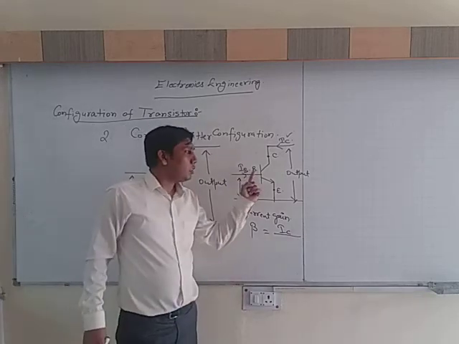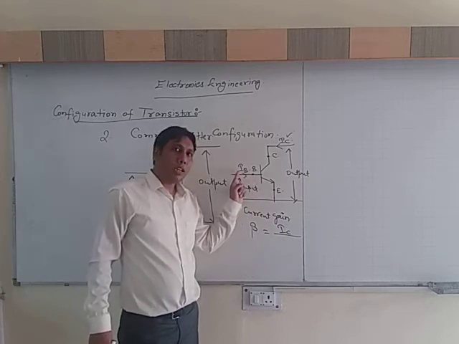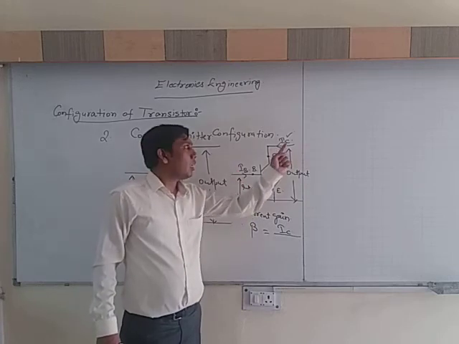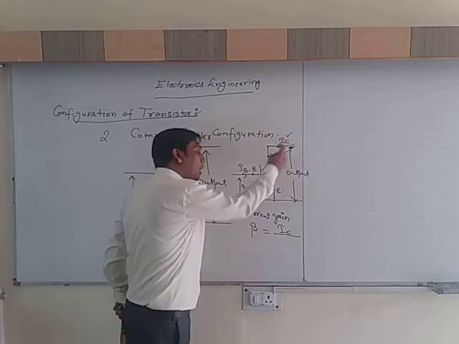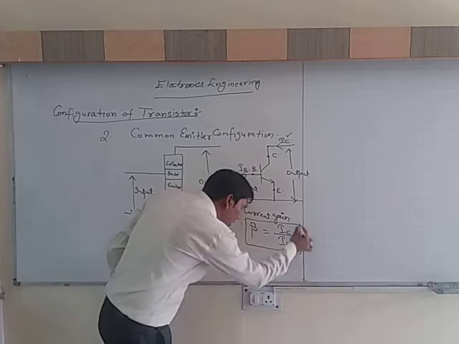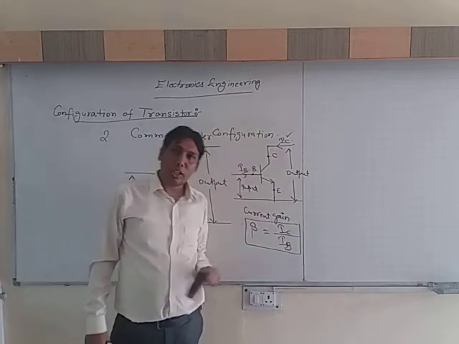Because input terminal is base, the current flowing at the input terminal is the base current, so it will be IB. So the current gain will be the output upon input. Hence beta will be equal to IC upon IB. This is the current gain in common emitter configuration.